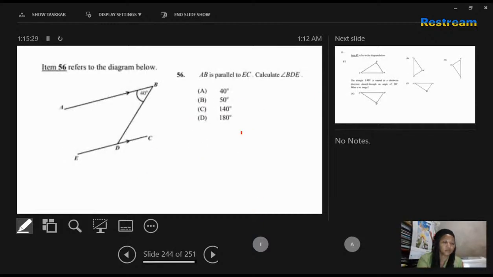Number 56. AB is parallel to EC. Calculate the angle BDE. So they want this angle then.